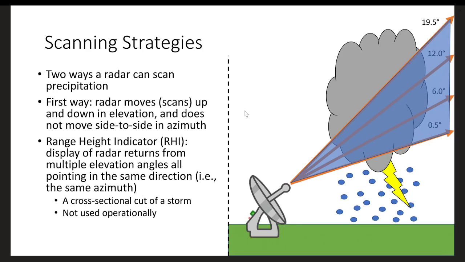So there's two ways a radar can scan precip. So the first way is that the radar moves and scans up and down the elevation and does not move side to side in the azimuth, so it will stay stationary, and then it will just scan up the storm.